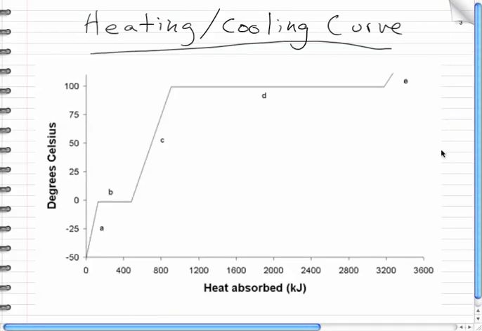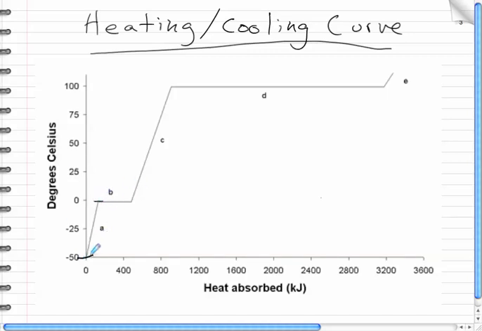Let's take a look at another aspect of energy here. We're talking about water in all phases: ice, liquid, and water vapor. This is what happens when we start adding energy to it versus what happens to the temperature. For a lot of these parts, we see what we'd expect.